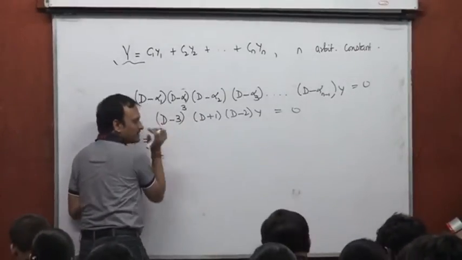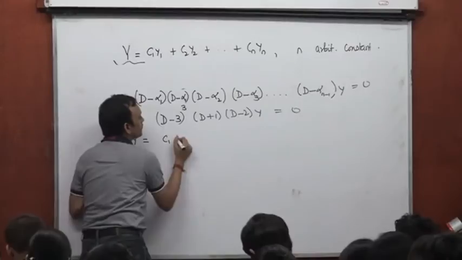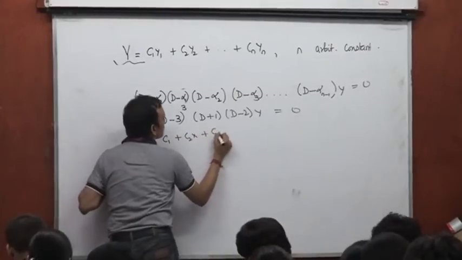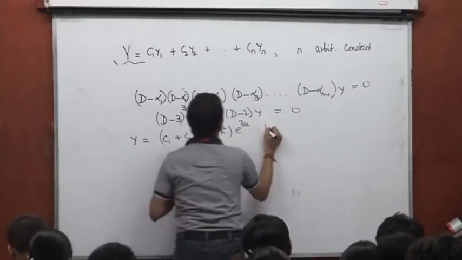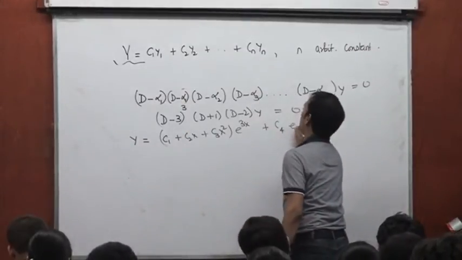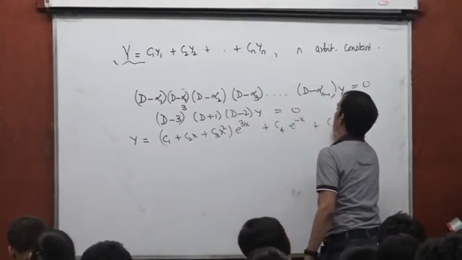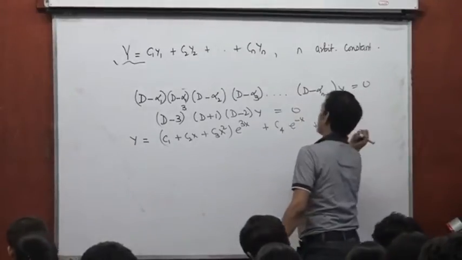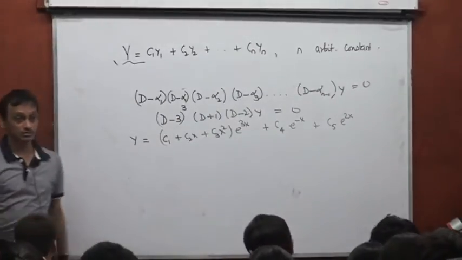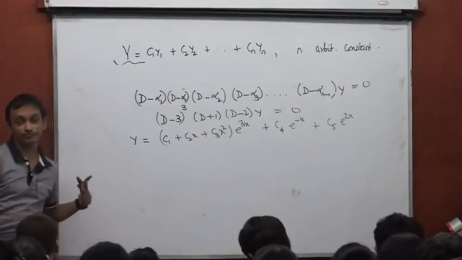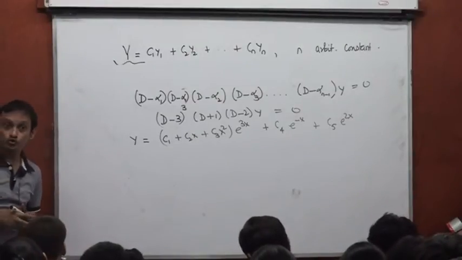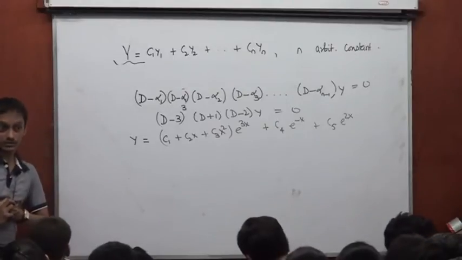The contribution made by these 3 factors would be (C1 + C2x + C3x²)e^(3x) plus some C4 e^(−x) plus C5 e^(2x). That's the general solution to this, in the event 3 of the real roots were coincident.